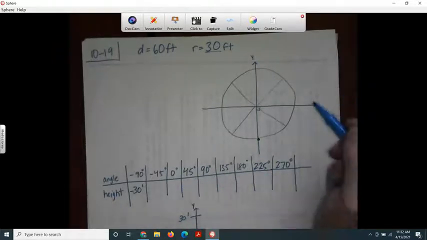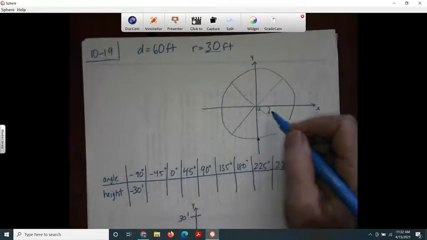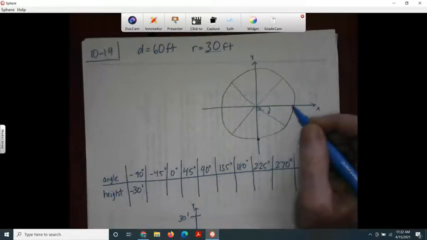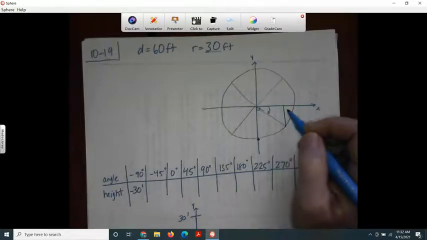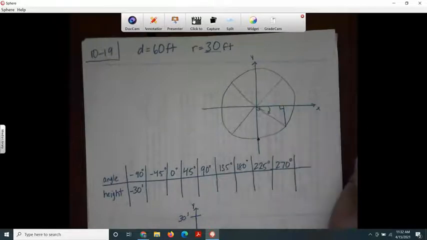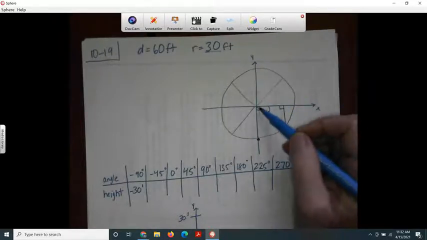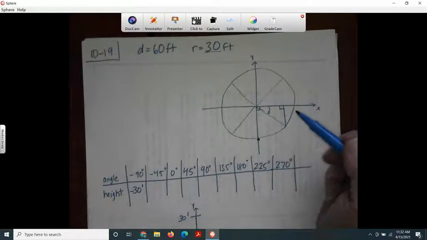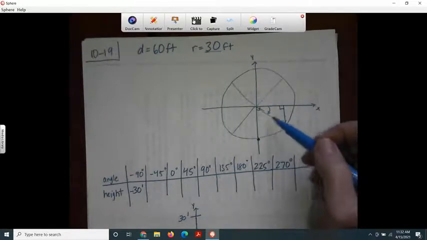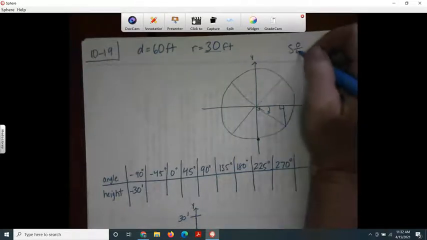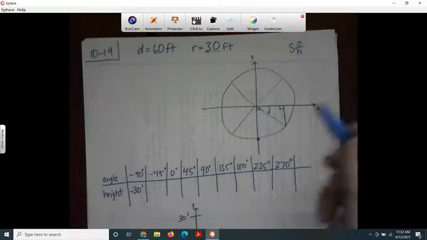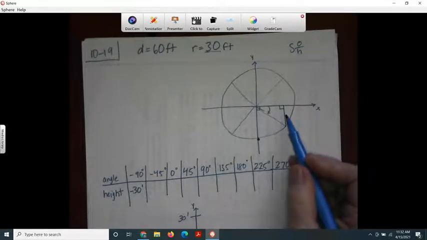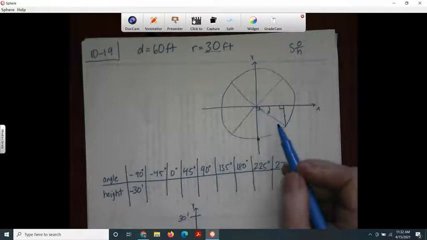So I can draw a triangle, and then I can find out that sine is opposite over hypotenuse. Yeah, the SOHCAHTOA. So it's going to be this over the hypotenuse, but what is the hypotenuse? We know the radius is 30, so this is 30.